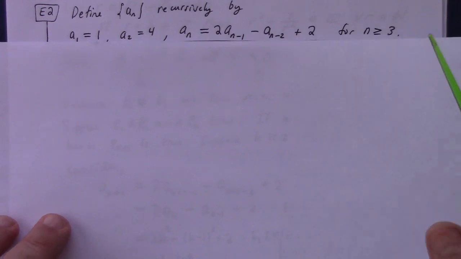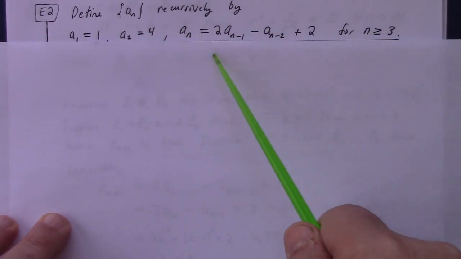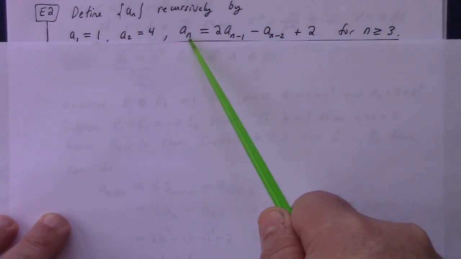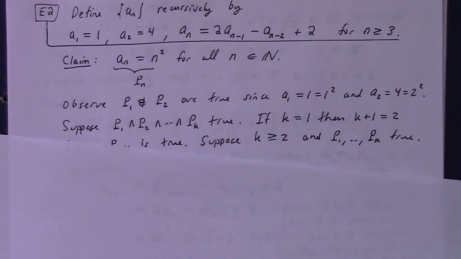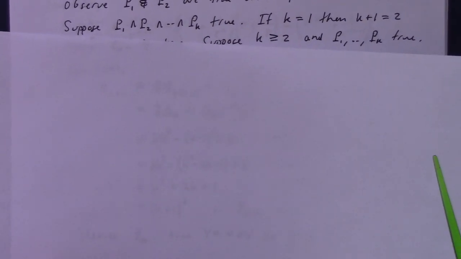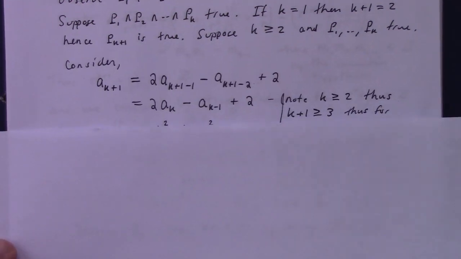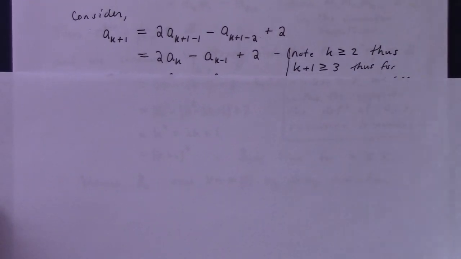Notice the fine print, n greater than or equal to 3. We've met that mark with our k plus 1 being n and being greater than or equal to 3 in this argument down here.